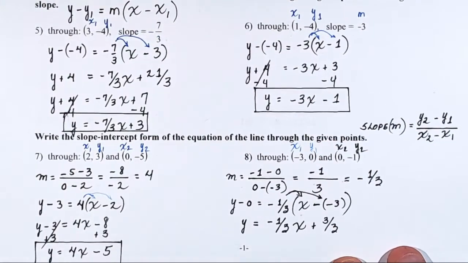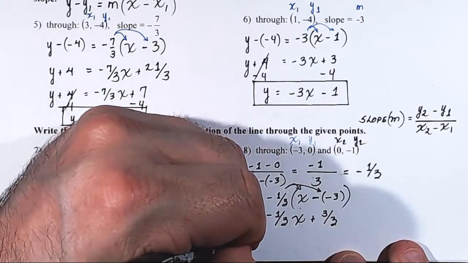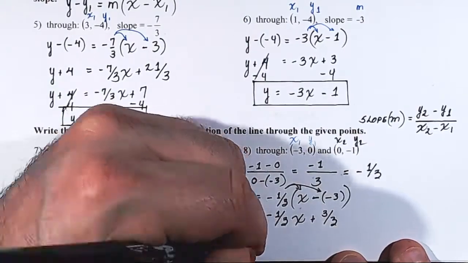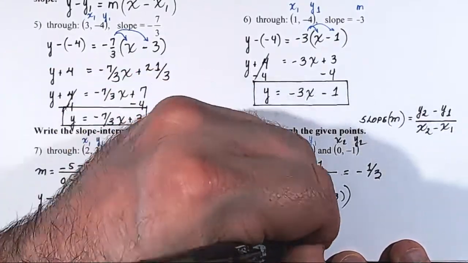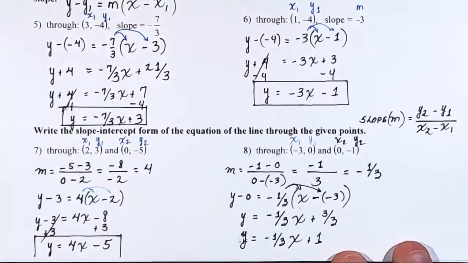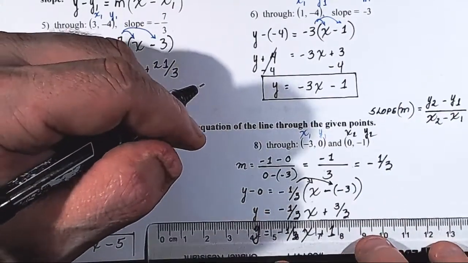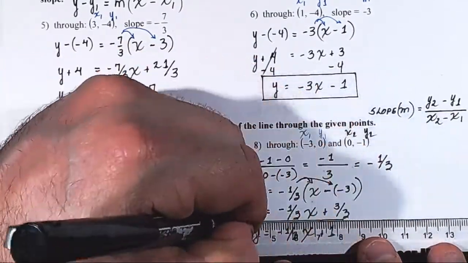Okay, those cancel down to 1, and we'll show that here. Y equals negative 1/3 x plus 1. Put a box around it.